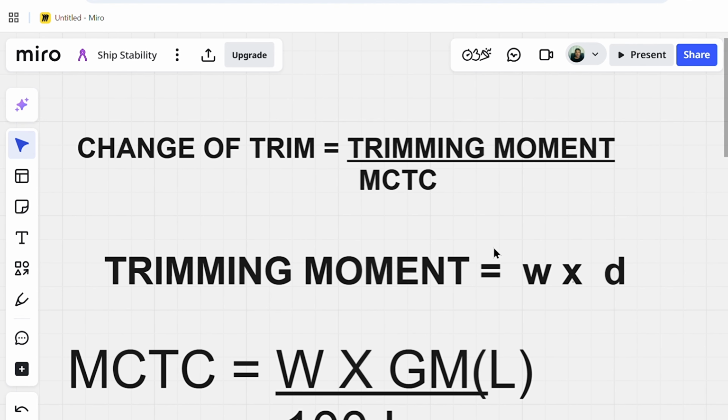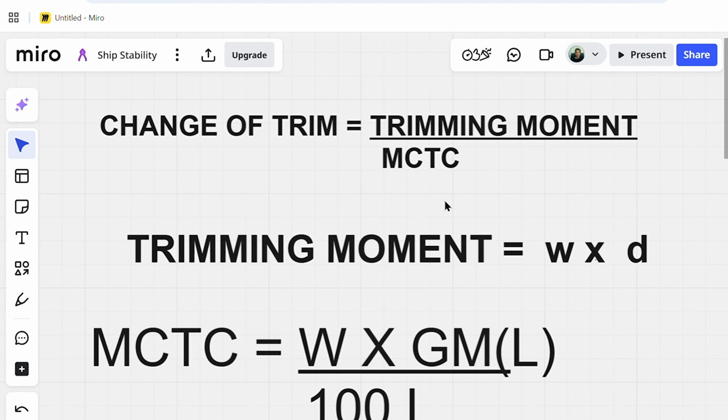As I told you, we are required to find change of trim by the question, which is trimming moment divided by MCTC. Trimming moment is weight which has been shifted by d meters. So we have both values. We have 500 ton of weight and d is 60 meters. We multiply the two and we get trimming moment.